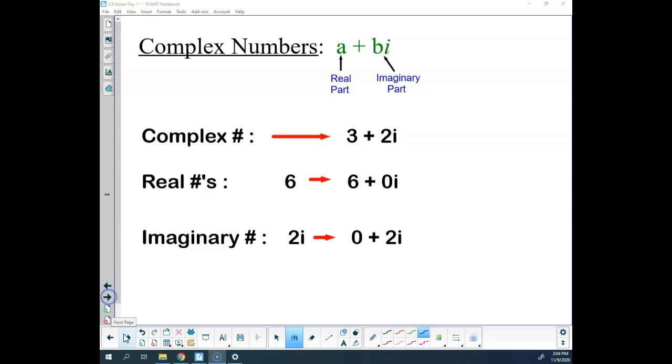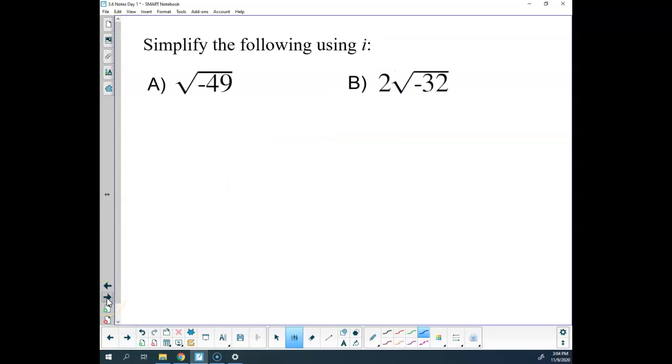Okay? So today we are just going to be simplifying using i. We're going to look at some radical expressions today and simplify them. Tomorrow we'll get into solving using i.